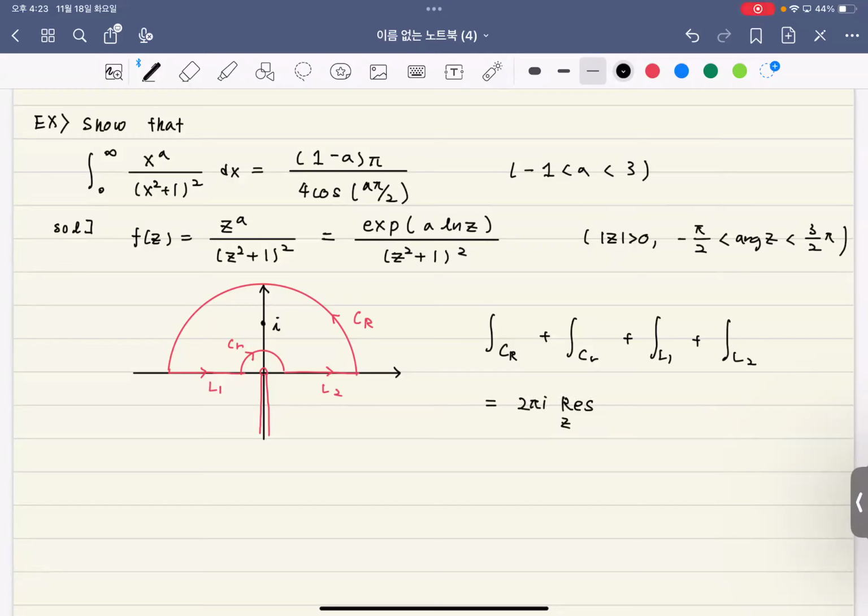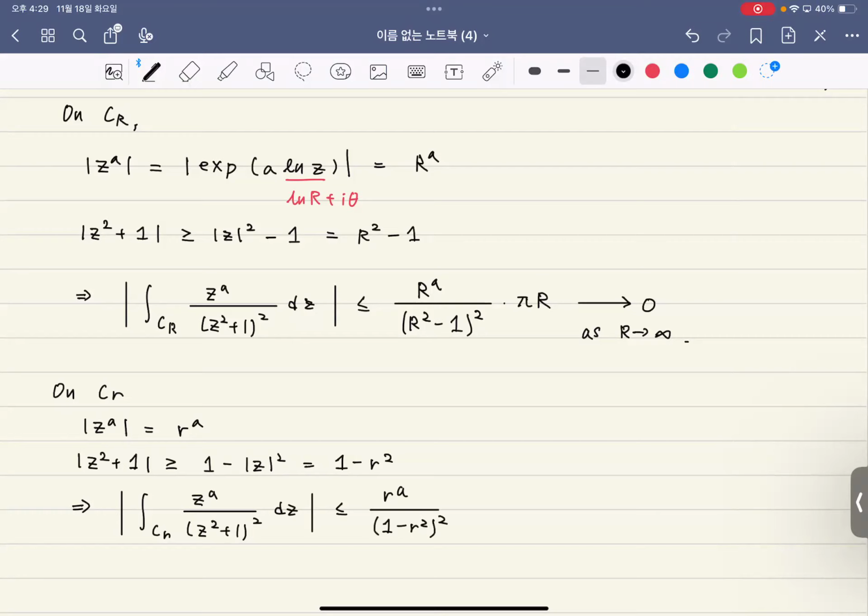So the integral over the small semicircle of z^a over (z squared plus 1) squared dz is now bounded by r to the a over (1 minus r squared) squared. Now I want to show that this tends to 0 as r tends to 0.